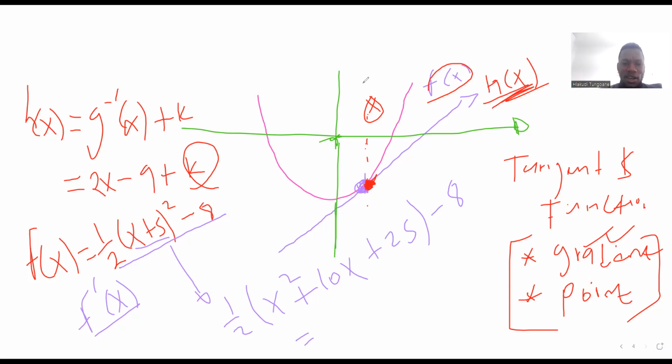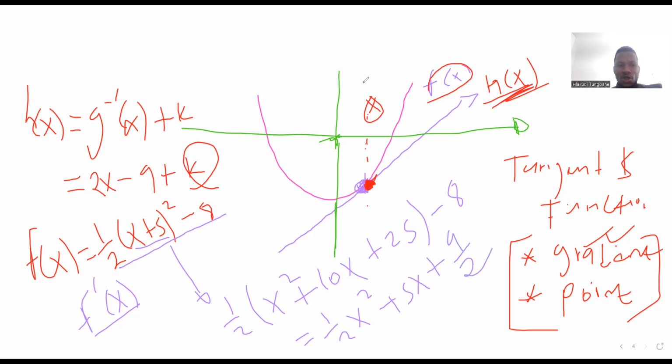If you multiply throughout by 1 over 2, you have 1 over 2 x squared plus 5x, and then 25 over 2 minus 8. 25 over 2 is the same as 12.5, and 12.5 minus 8 is 4.5, which is the same as plus 9 over 2.